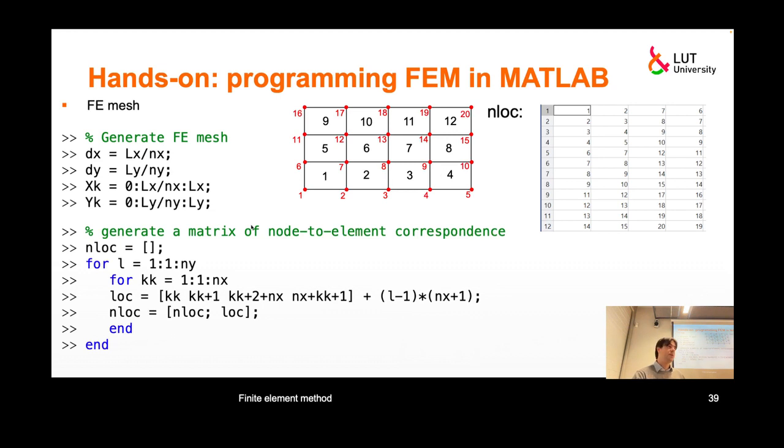But of course you can make it computationally more efficient, if you need to run that code a number of times. But it does not have anything to do with solving this system of equations. It's all in generating our mesh. So if you need to generate your mesh just once, it doesn't really matter how efficient this part of the code is.